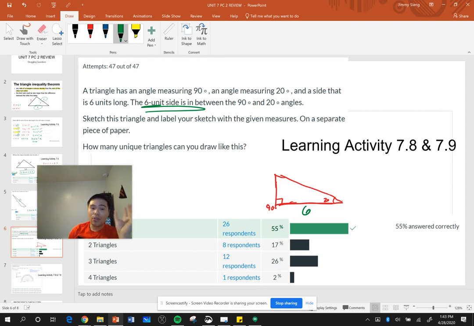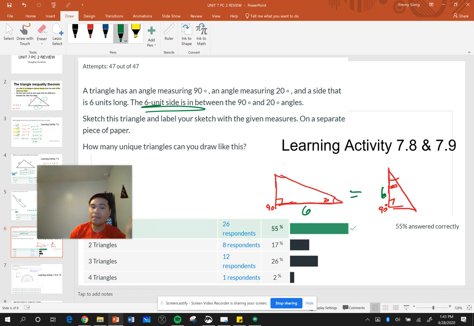Well, if I was to try to rearrange these, okay, well, I can move this upwards, I guess, and then make this part the 20 degrees. Right, this is the 20 and this is the 90 degrees. If my 6 still has to be between those, okay, technically these two triangles are still the same.